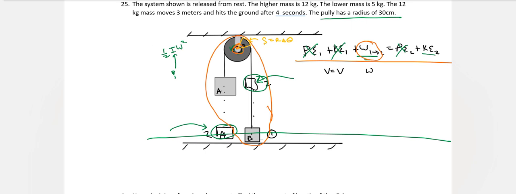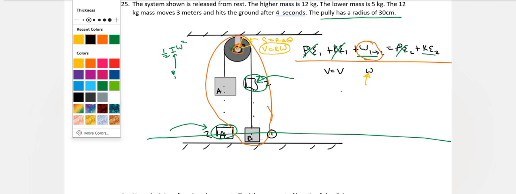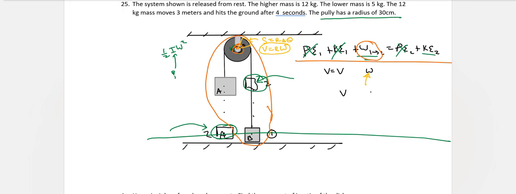And if you divide by time, the S becomes a V, and the change in theta becomes an angular speed. Right? So hopefully the yellow is showing up okay in the video. So you're going to use this to get rid of this in that work energy theorem. Okay. So now your only unknown in that equation should be a V that we don't know and the I, the moment of inertia.